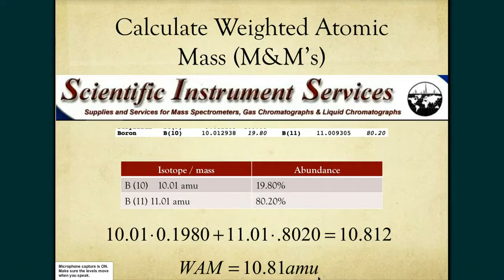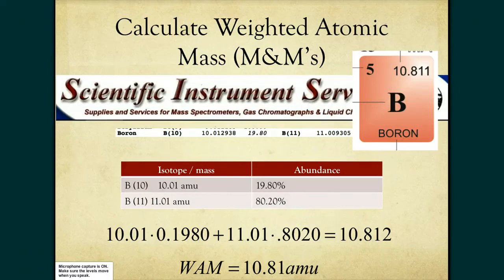And actually, if I look at the periodic table, what I see there for my atomic mass is 10.8. You can think about it this way: my more abundant isotope is the one that has almost 80% abundance, and its atomic mass was closer to 11, and my atomic mass here, when it's weighted, is closer to 11.